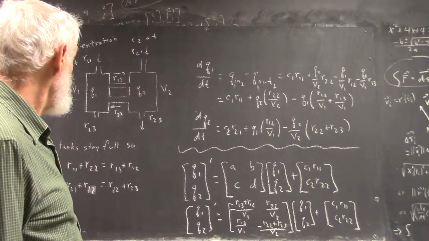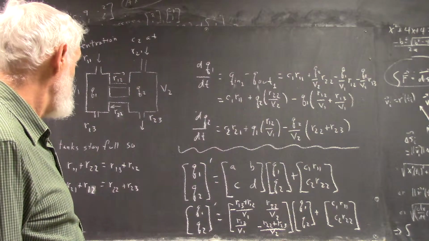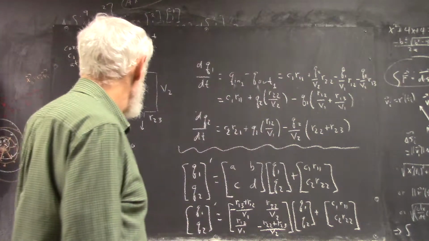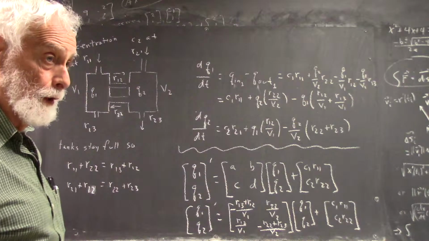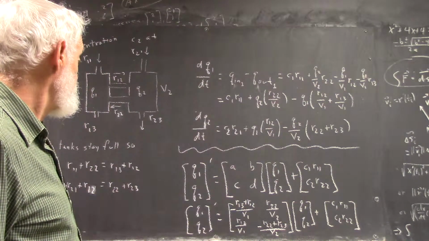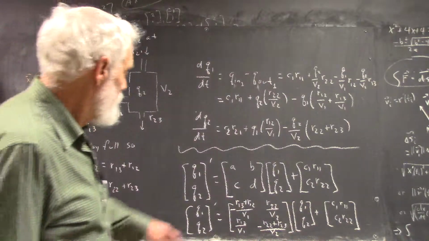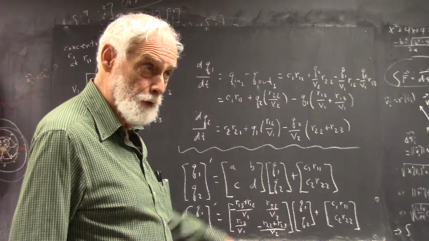And that's only going to leave us two terms in the diagonal, okay? No, I'm sorry, it doesn't. It leaves us negative R12 over V1 and an R22 over V2 and all that, right?